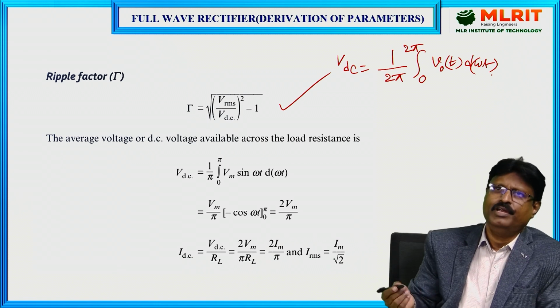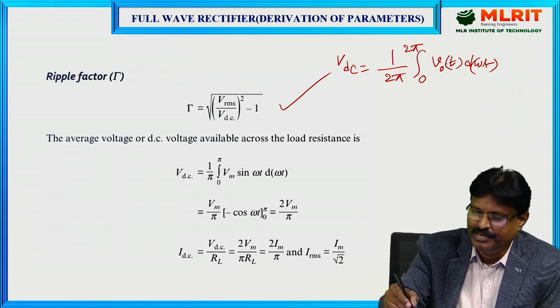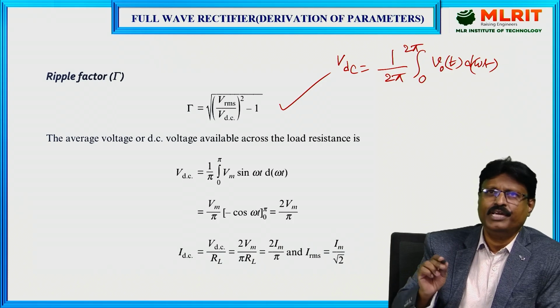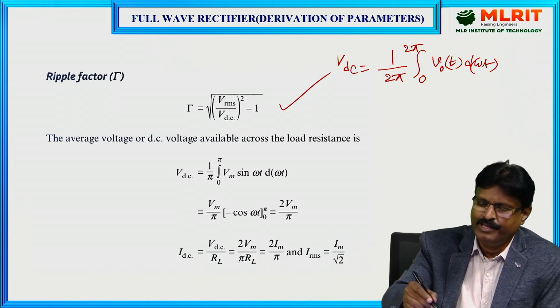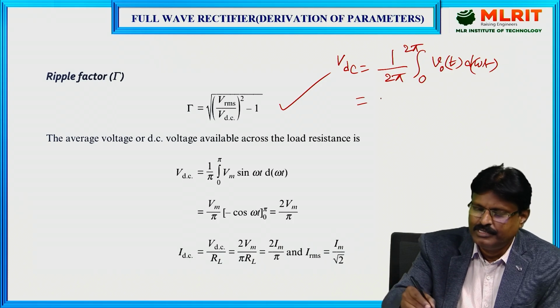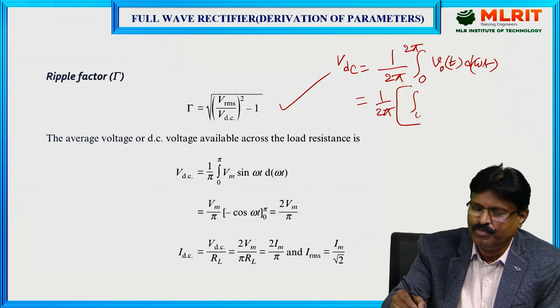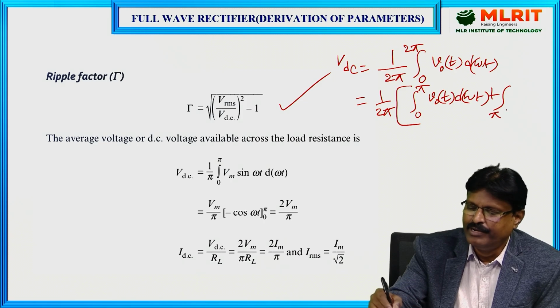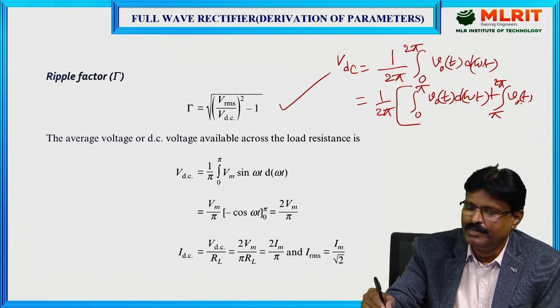V naught of t we can write as V naught of omega t. This is the average voltage value equation. So here let us separate this into two parts. 1 by 2 pi I am taking common, integral 0 to pi V naught of t d of omega t plus integral pi to 2 pi V naught of t d of omega t.